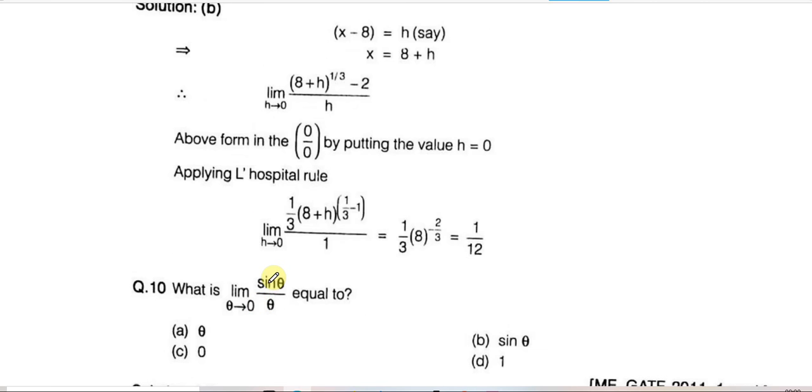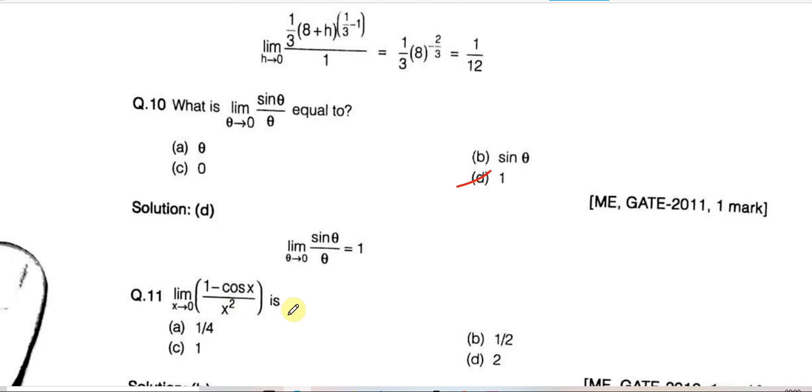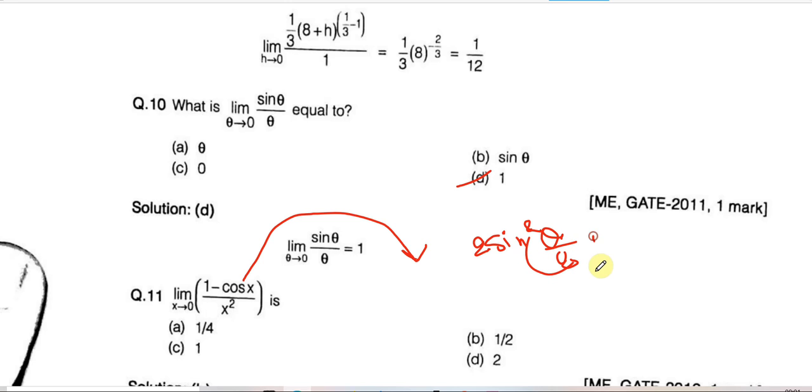Now sin theta upon theta as theta approaches 0, it's a formula only. The value is 1. Now the next: (1 minus cos x) upon x square. What you can do here, you can simply use the formula, convert this into the half angle of sine. 1 minus cos theta is 2 sin square theta by 2, you know this formula.